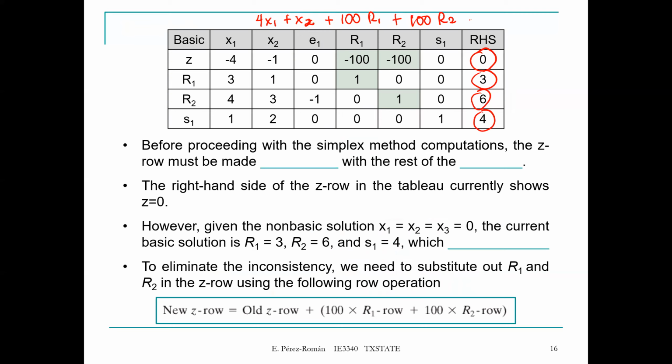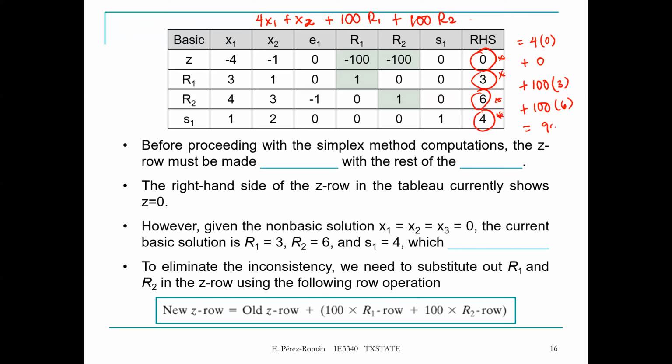If we substitute these values into the objective function, this is going to be equal to 4 times 0 plus 0 plus 100 times R1, which is 3, plus 100 times 6, which is R2.